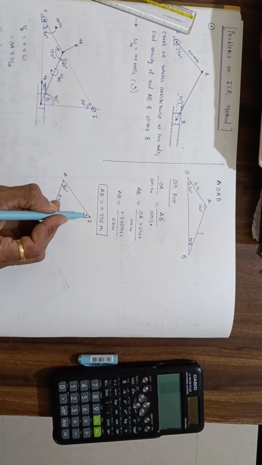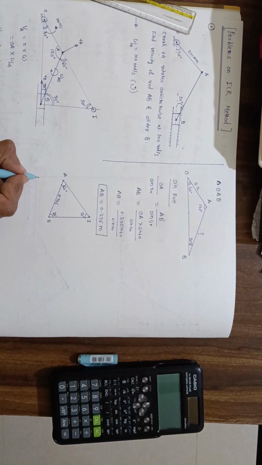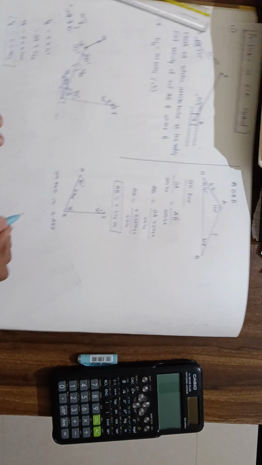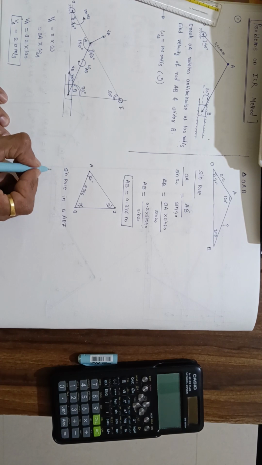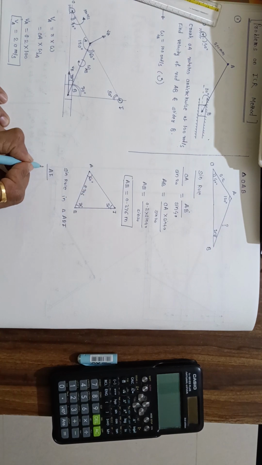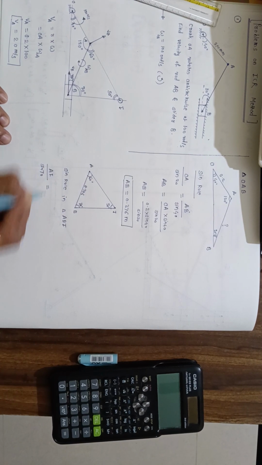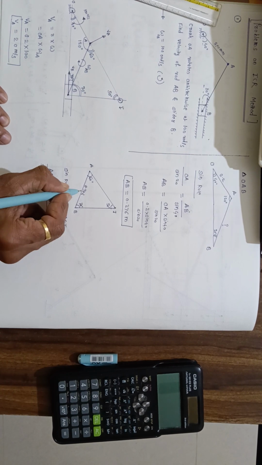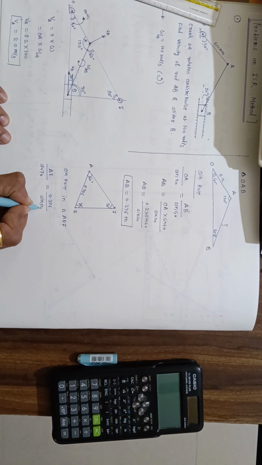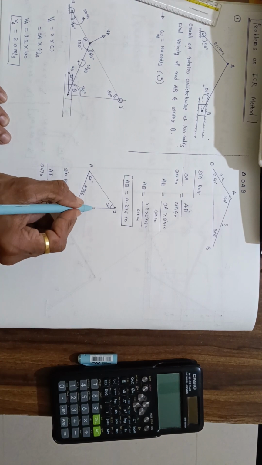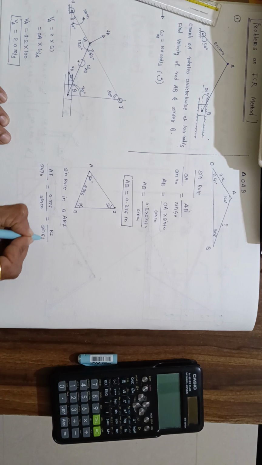To find distance AI and distance BI, again use the sine rule. In the triangle ABI, we write distance AI upon sine of opposite angle, so sine 70, equal to the known distance 0.376 upon sine of opposite angle, so it is sine 50, equal to the unknown BI upon sine of opposite angle, so it is sine 60.